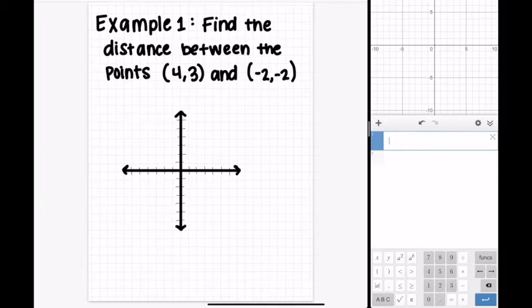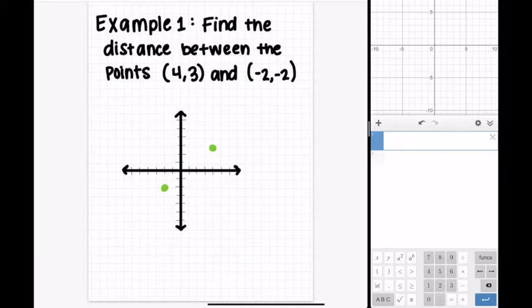Find the distance between the points 4, 3 and -2, -2. So first let's go to 4, 3. And then -2, -2.